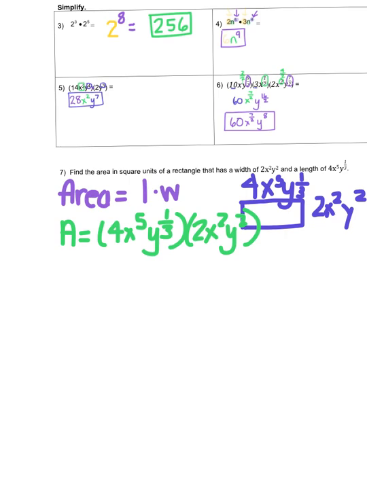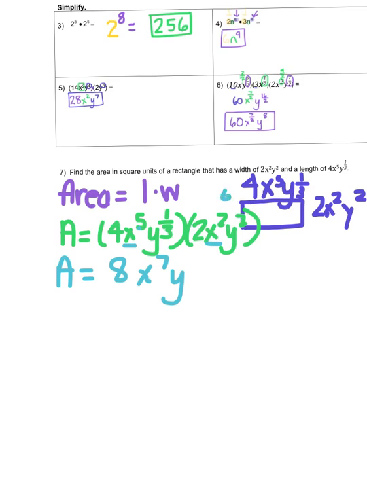So we're dealing with multiplication, so we will multiply the coefficients and add the exponents. So 4 times 2 is 8. We'll add the exponents if the base is the same. With the base of x, we will add 5 plus 2, so that would be 7. The base of y, we have 1/3 plus 2.